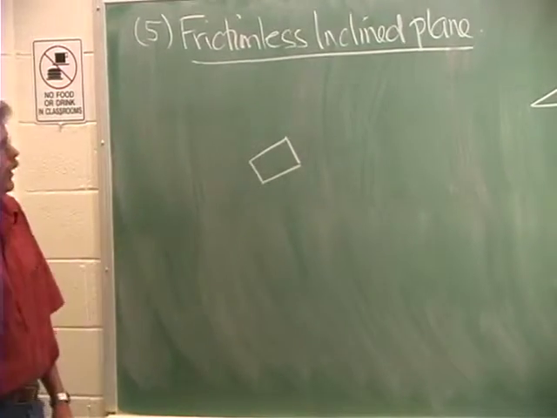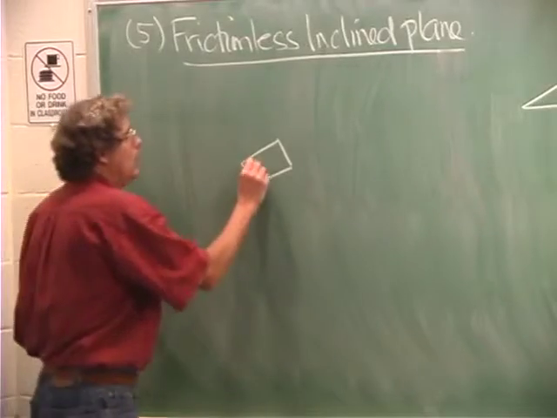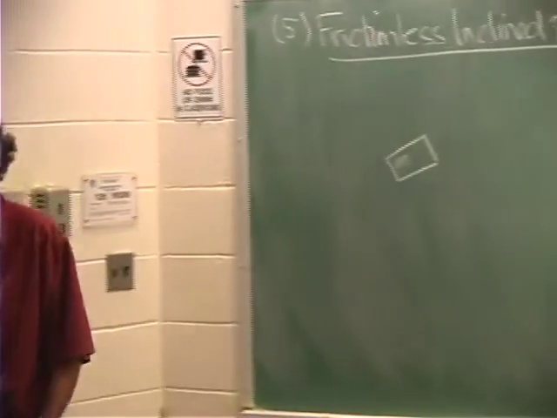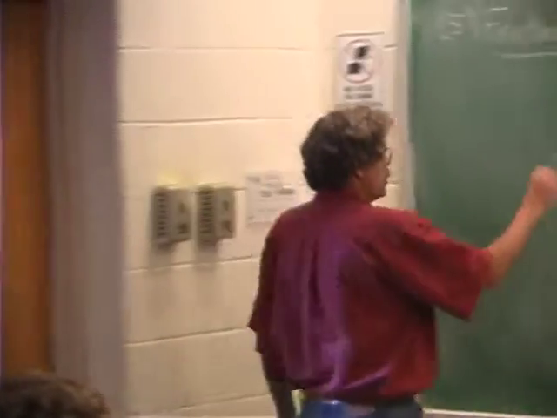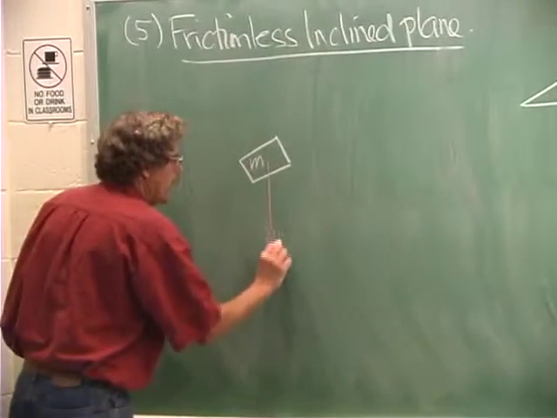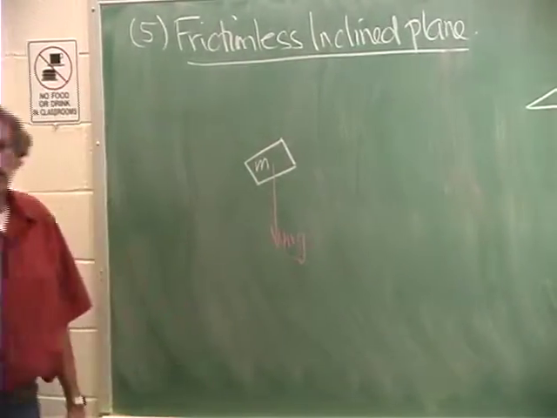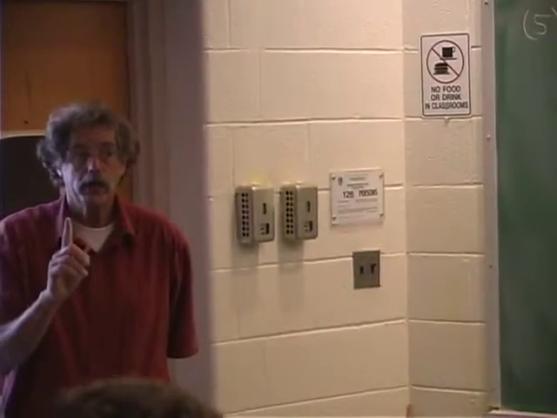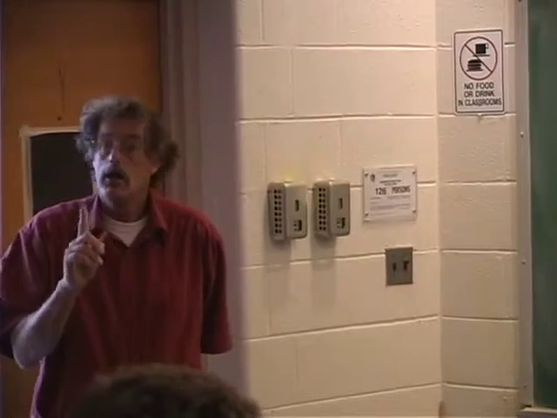There it is, M. You tell me what forces act on M. Gravity, straight down, mg. What else? Normal force. What direction? Not straight up, perpendicular to the surface, right?